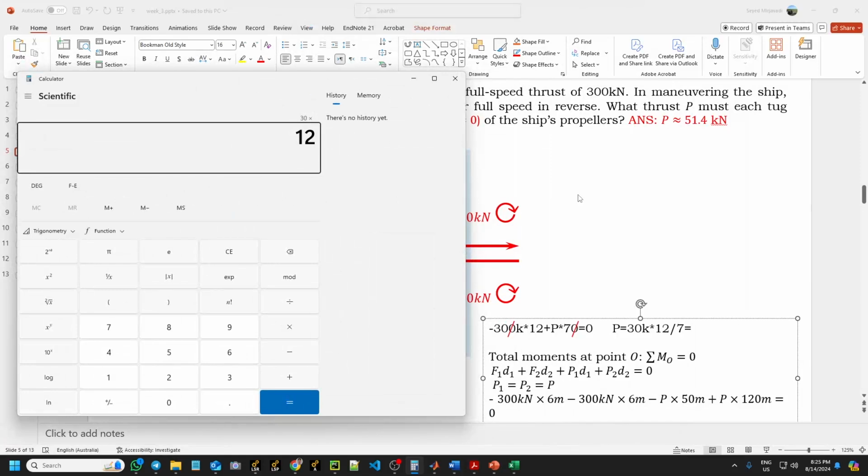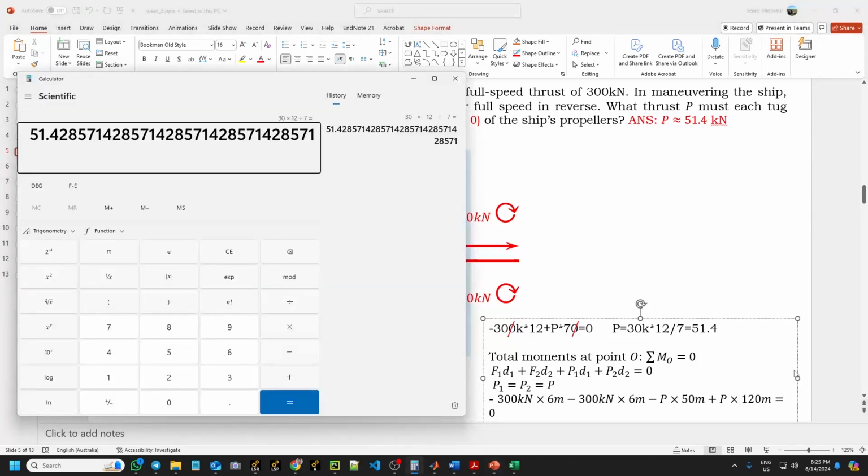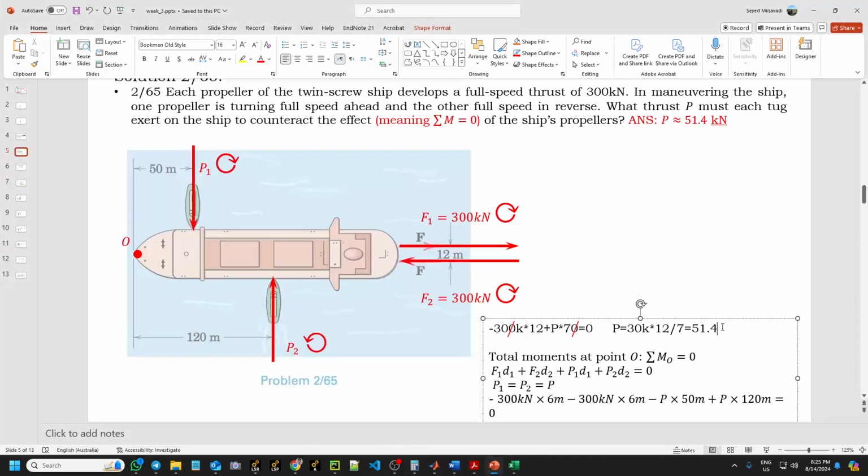And again, I don't use k here, which is 1000. I will tell you why. So 51.4. Now I just move the k here. k Newton. Okay, the answer is this. You see, I didn't even touch this one.